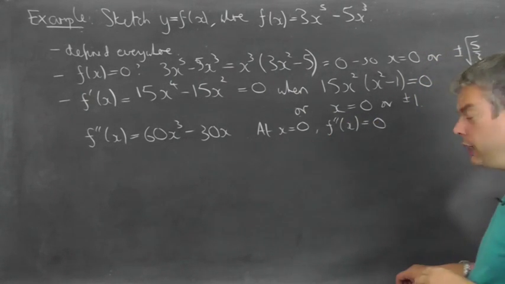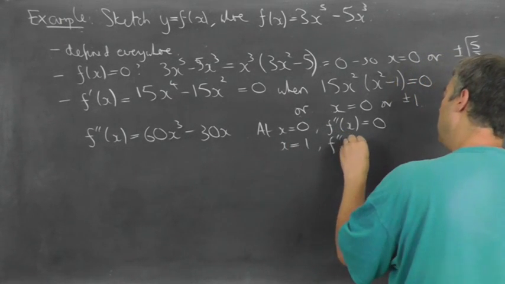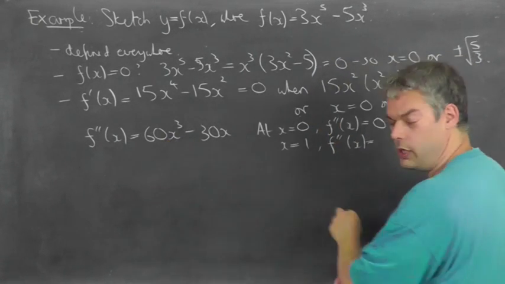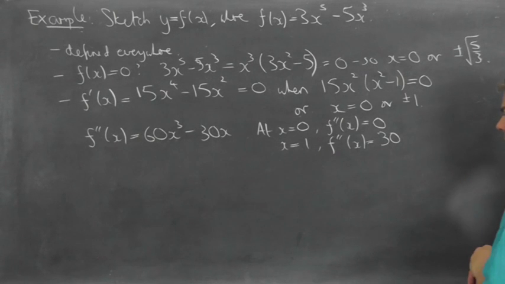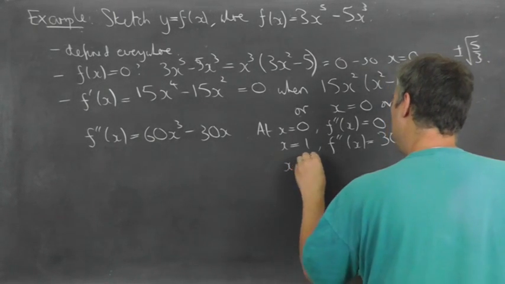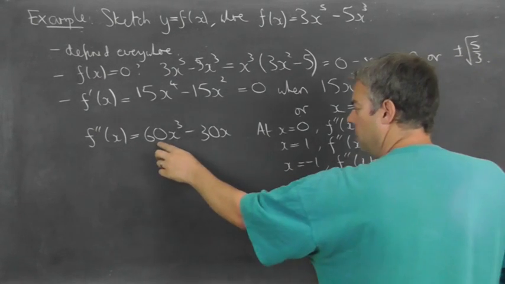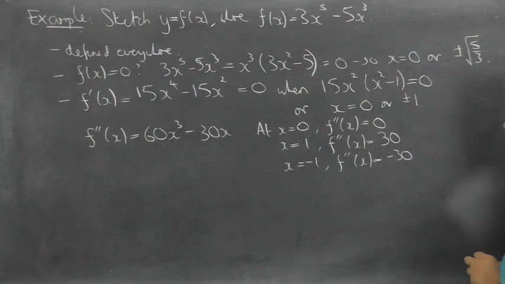At x equals 1, f double dash of x is 60 times 1 minus 30 times 1, 30. So that's positive. And at x equals minus 1, f double dash of x is minus 60 plus 30, that's minus 30, which is negative.